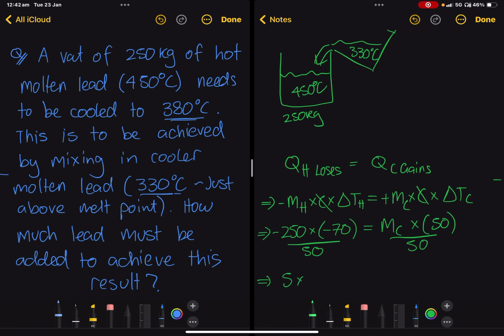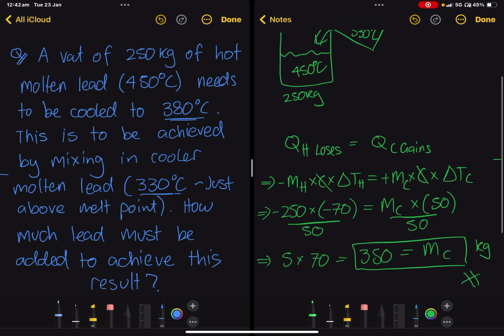So we have 5 times 70 because the negatives cancel. This is equal to 350. And this is going to be the number of kilograms of cold material we are required to add in order to cool the hot lead down to 380 degrees.